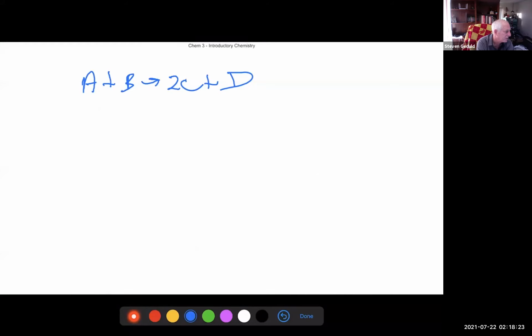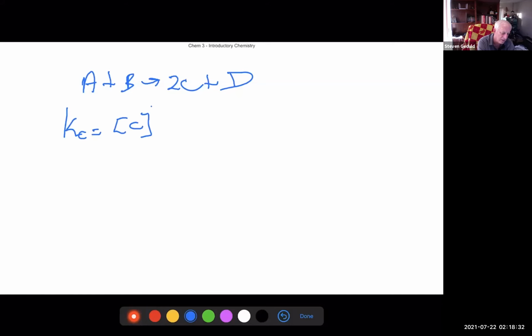So they have the equation A plus B goes to 2C plus D, all in the gas phase, and it wants to express it using molar concentrations. So K equilibrium is equal to the concentration of C squared. That's where this 2 comes from. Everything else was just 1.